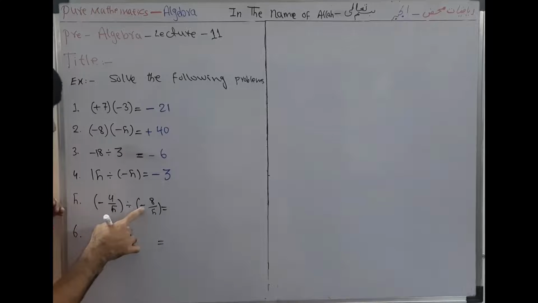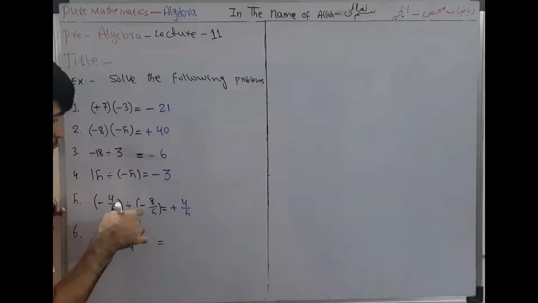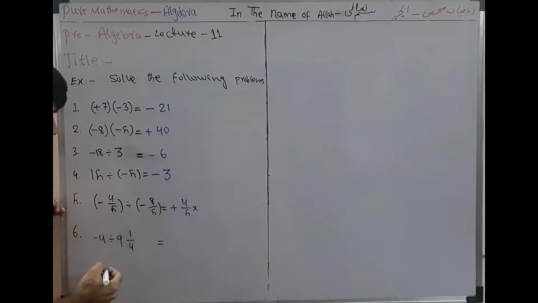Number 5: minus multiplied by minus is positive. Plus 4 by 5. We use the fraction rule, the dividing of fractions rule. Divided, change it to multiplication.